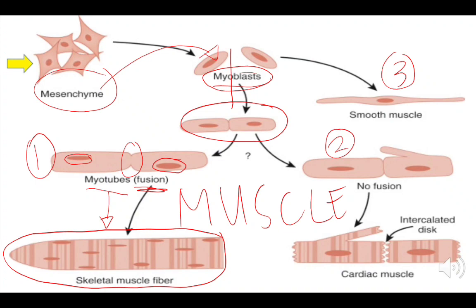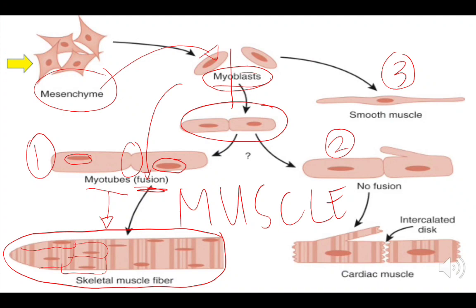Fiber ang tawag sa pinaka basic composition ng inyong muscle. So one skeletal muscle fiber is composed of multiple myoblasts that undergo fusion. So this one is one myoblast, another myoblast, another myoblast. Kapag nag-fuse sila, it will become a skeletal muscle fiber.